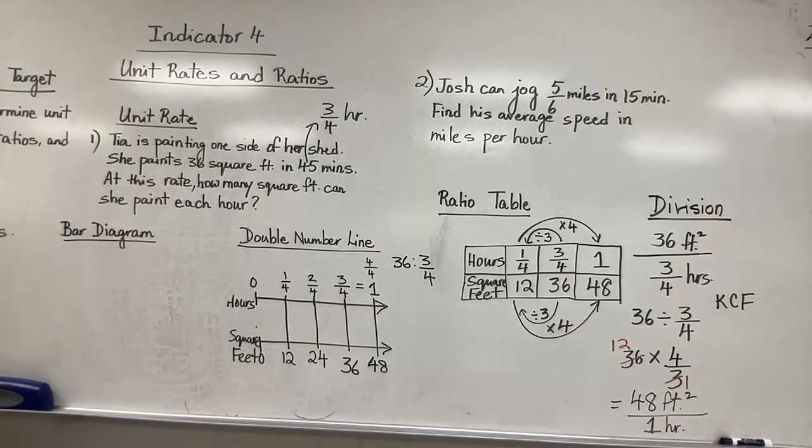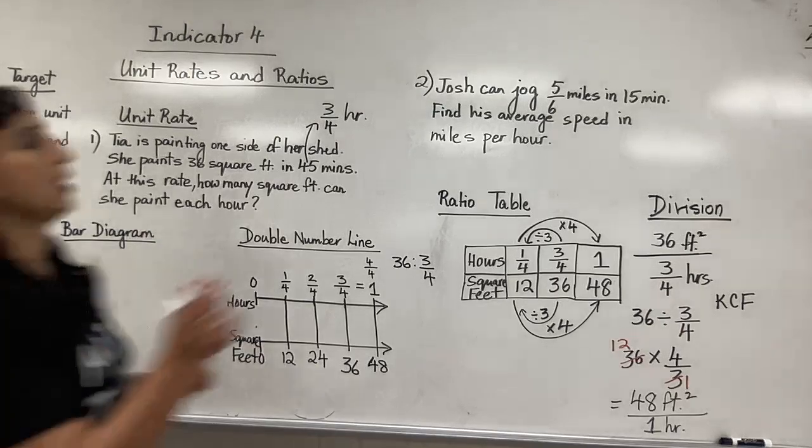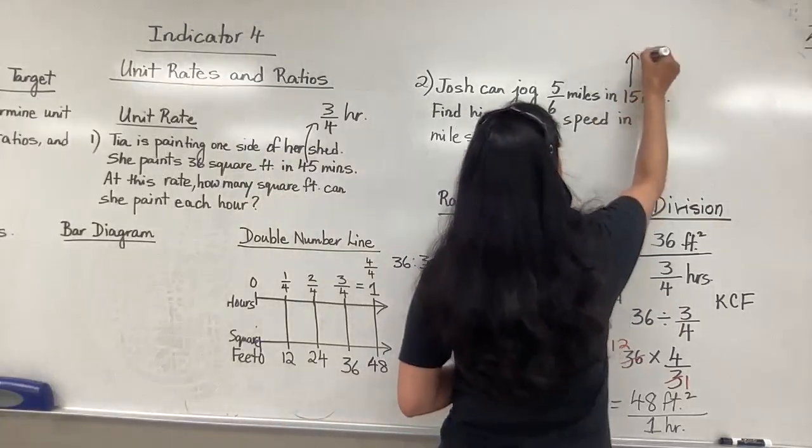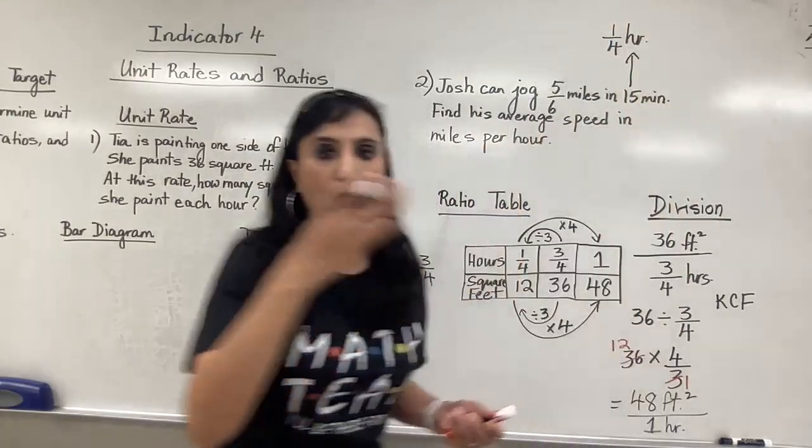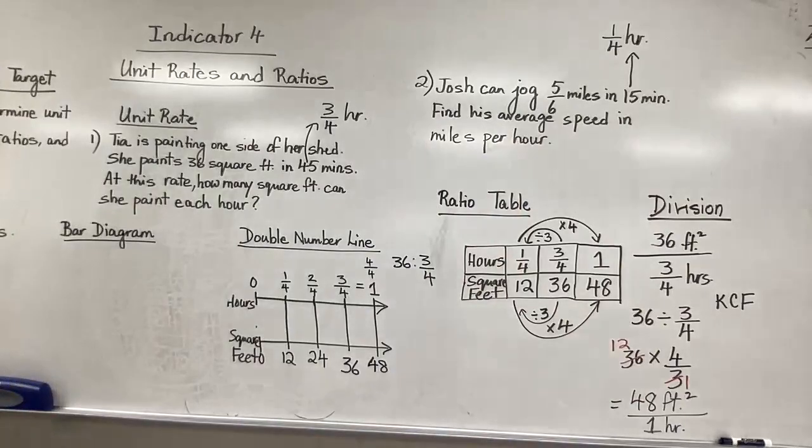Okay, now you know that 15 minutes is how much? 15 minutes is going to be 1/4 of an hour, because we have 4 15 minutes, right? So that is going to be 1/4 of an hour. All right, so I am going to take Josh's rate, which is 5/6 miles per 1/4 hour.